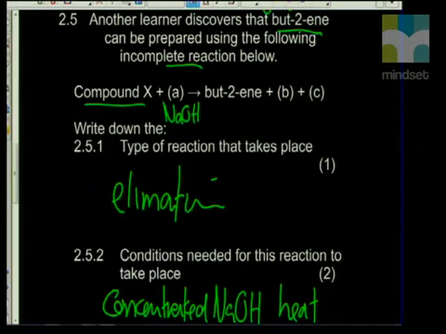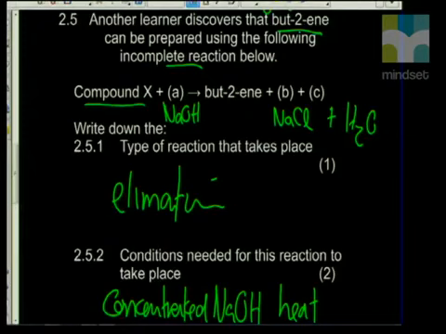And the second thing that we're going to do is we're going to make the butene, yes, but we're going to also make sodium chloride, because the OH gets put on, the Cl gets pulled off, and the last point is that we're going to end up with some water as well. Okay, so I hope that's made sense of that.